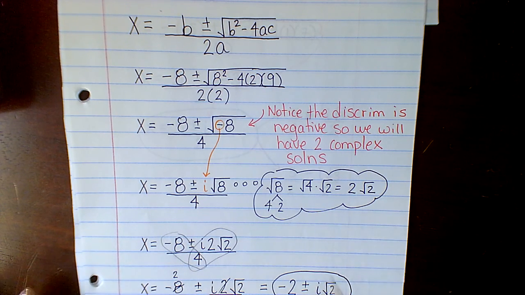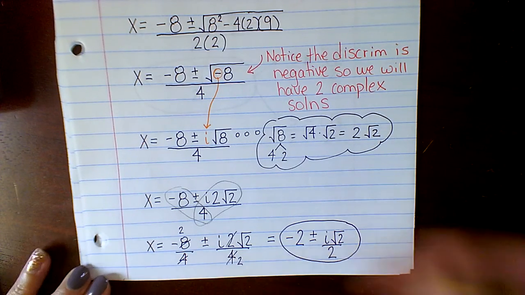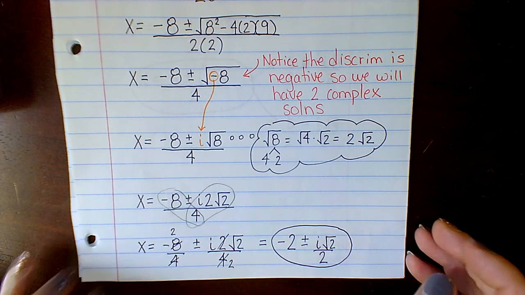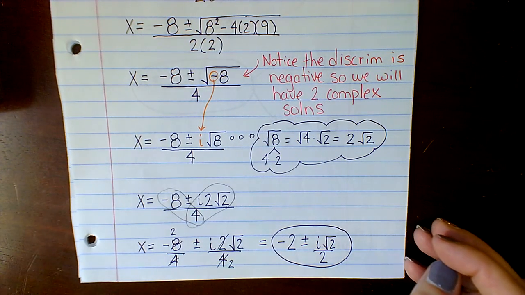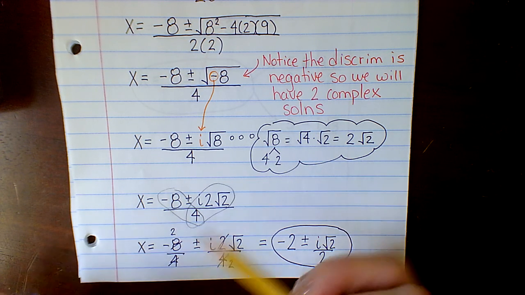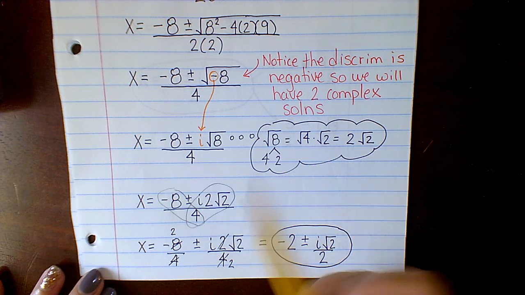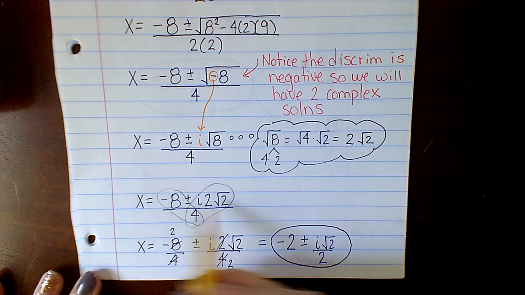Now, sometimes you have to split these up into two fractions. Okay? Sometimes you don't, but sometimes you do. So remember how I was doing that, and then the last example I didn't? Well, with these, you pretty much have to, because these aren't like terms, so you're not going to be able to combine them.